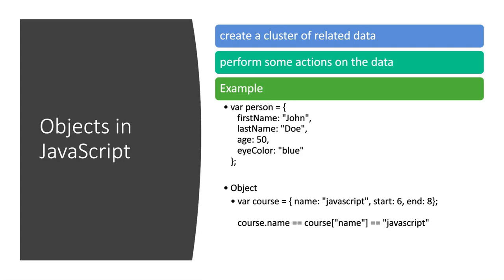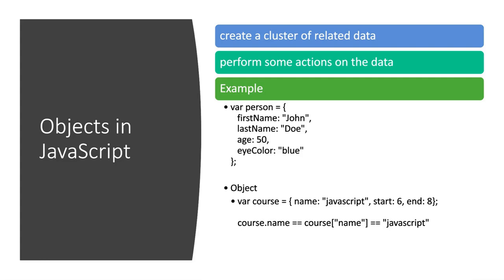We write var person equals to curly brackets. Then the first key is firstName and the value is John. Second key is lastName and the value is Doe. Similarly, another key is age and the value is 50. And another key is eyeColor and the value is blue.